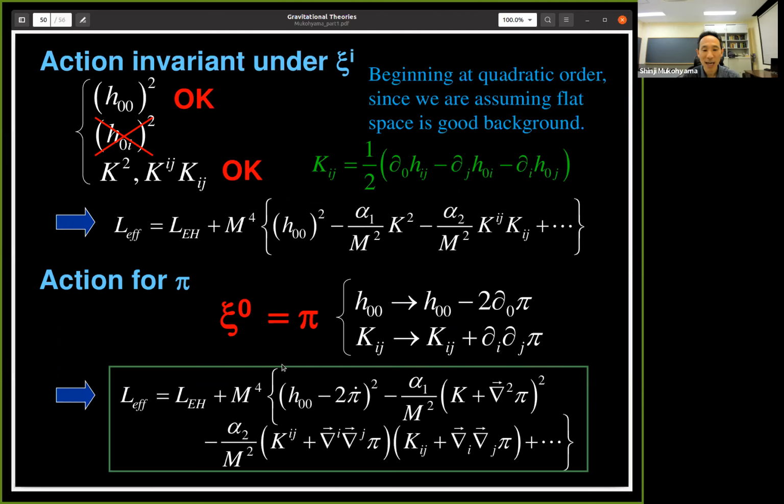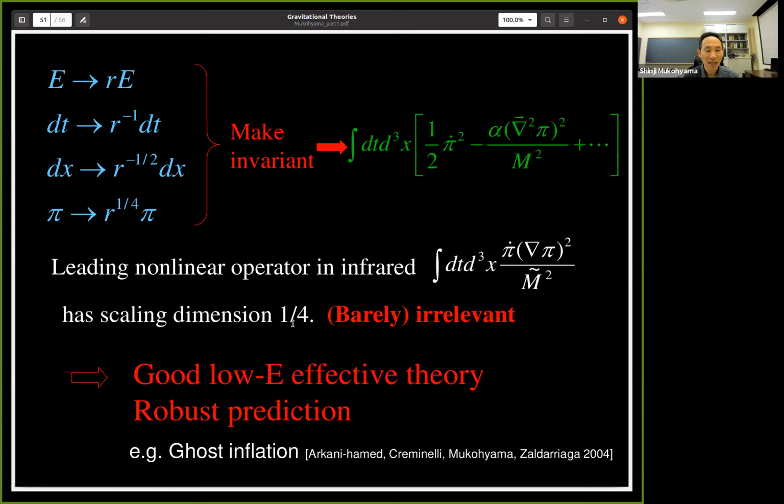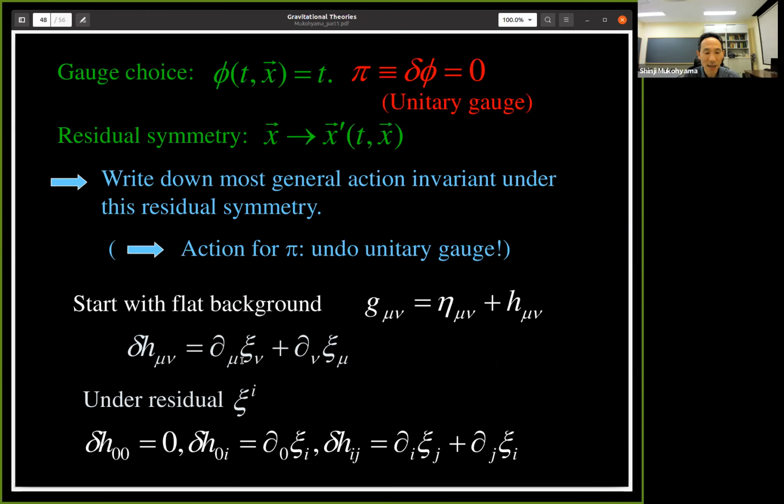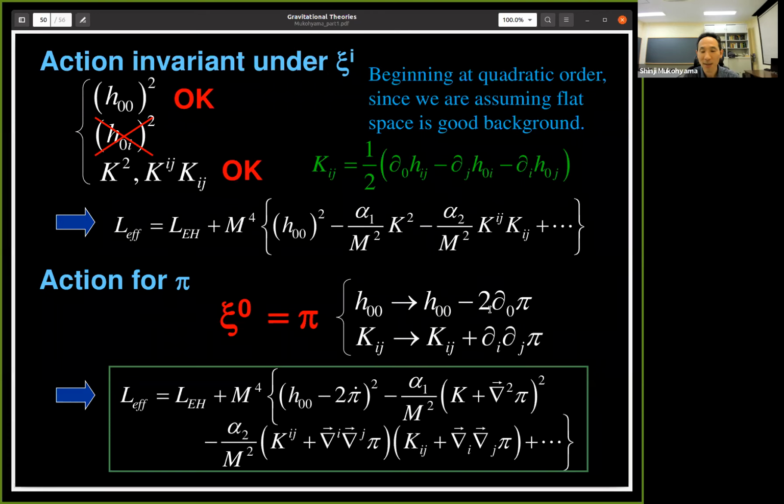We see that h_00 transforms like this. Because ξ^0 upstairs is pi, ξ^0 downstairs is minus pi. So we have two terms, therefore we have this.